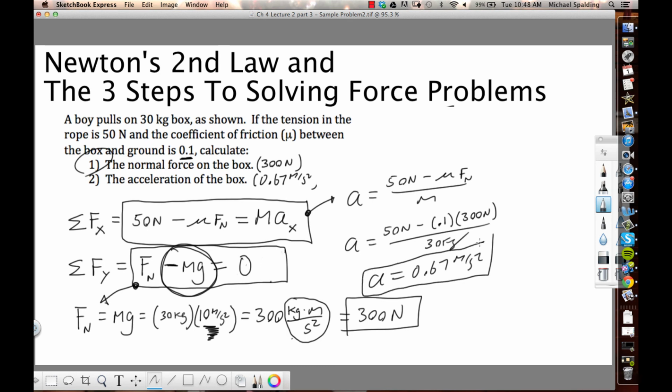Oh, and if you're wondering what happened with the units here, look, what's the unit for this numerator? What's the unit up here? Newton, which is kilogram meter over second squared. What's the unit in the denominator? Kilograms. What happens to the kilograms? They cancel and you're left with meter per second squared. Physics works. Okay.